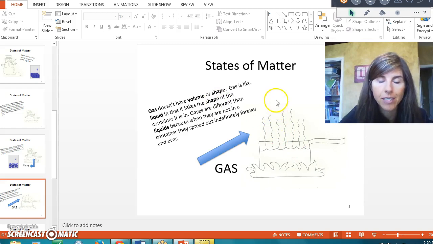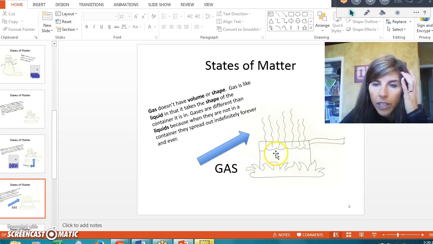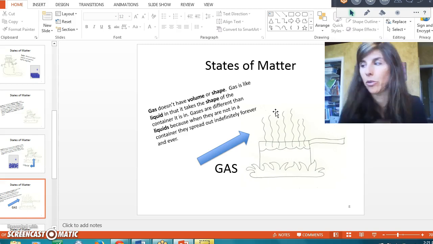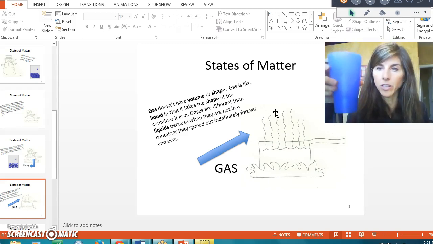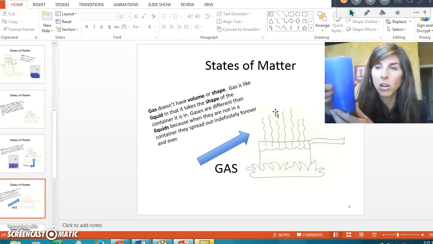Gas doesn't have volume or shape. So here is the gas. Everyone's seen water boil on a stove, and you see the gas escape. Gas is like liquid in that it takes the shape of its container. A liquid takes the shape of its container, like if you were to pour water in a cup. A gas also takes a shape.